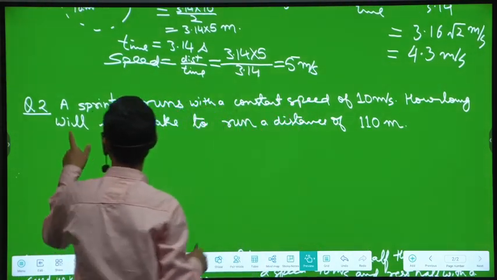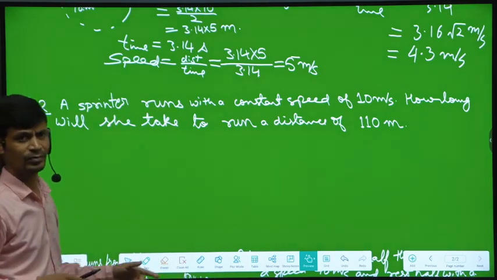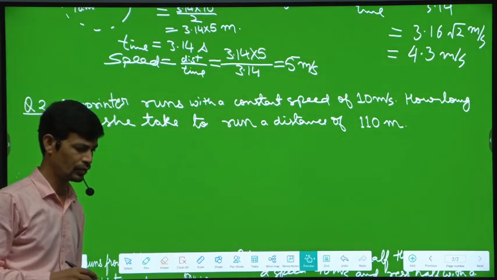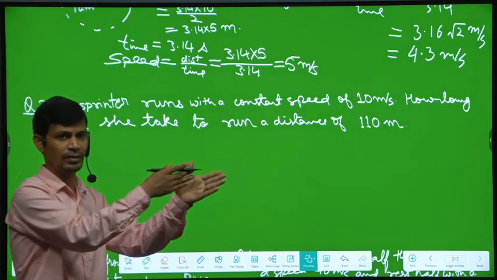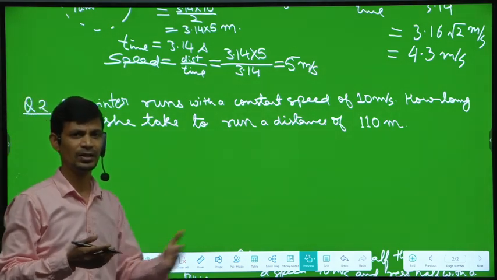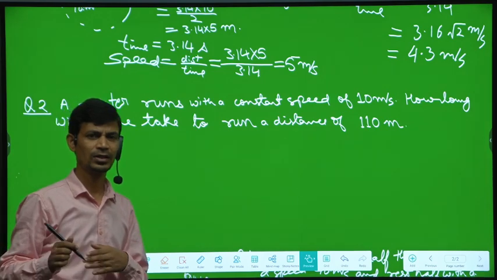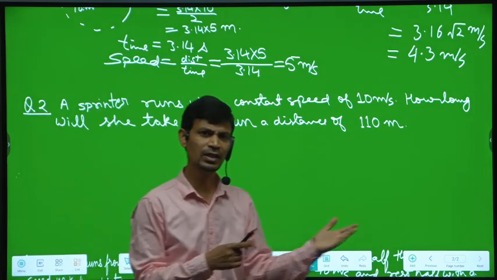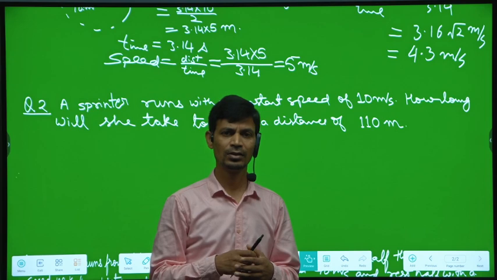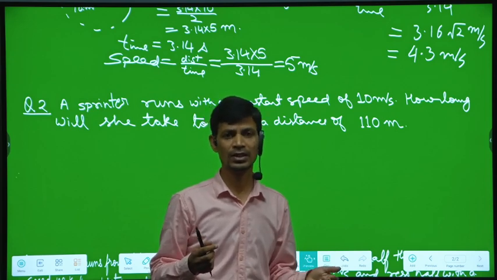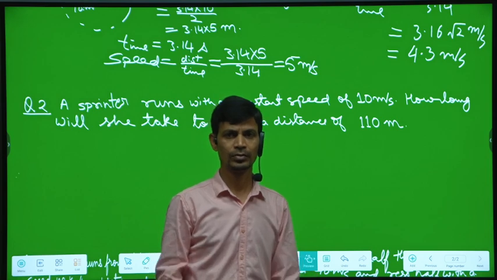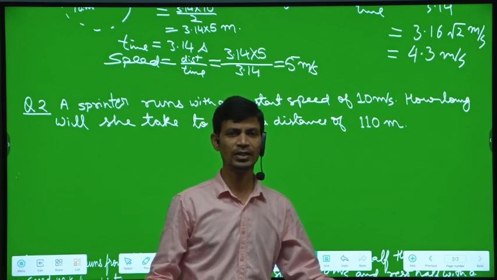A sprinter, maybe for a few students it is a new term. A sprint race is a straight line race, for example 100 meter, in which the athlete just runs, and there's no time for a racer to make any strategy.